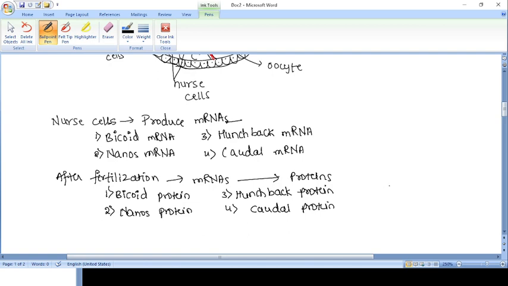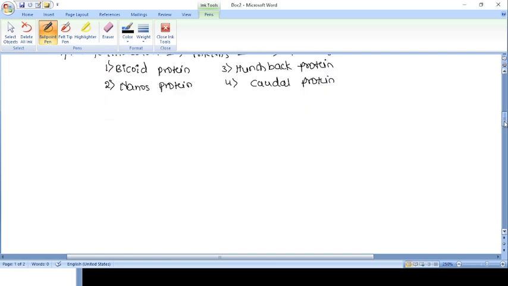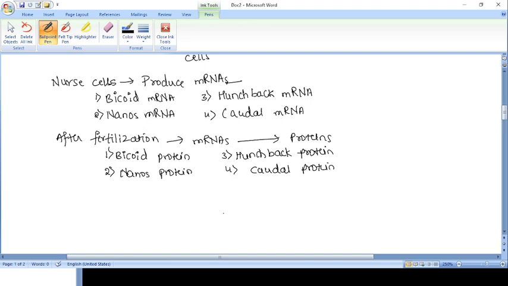Now, among these proteins, some help in the formation of the anterior axis and some help in the formation of the posterior axis.